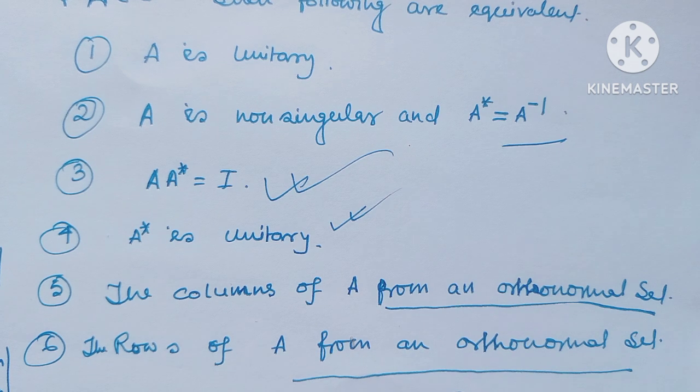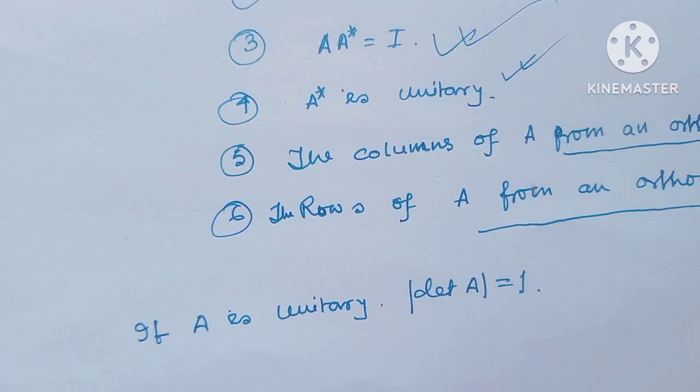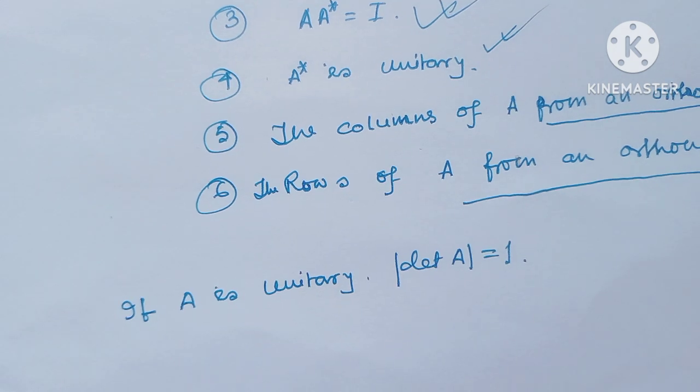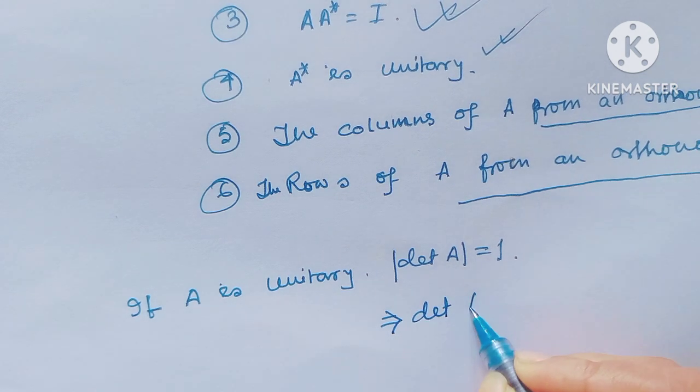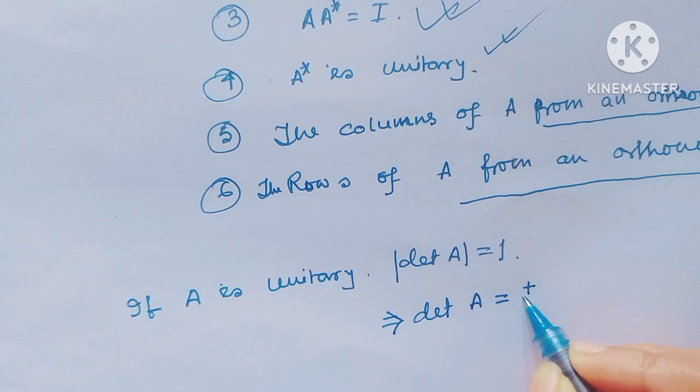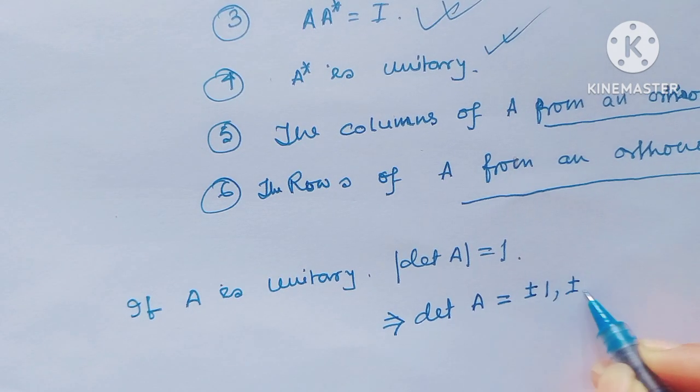Next property: if A is unitary, then the absolute value of the determinant is 1, and if the modulus of the determinant is 1, then the determinant is of the form plus minus 1 or plus minus i.